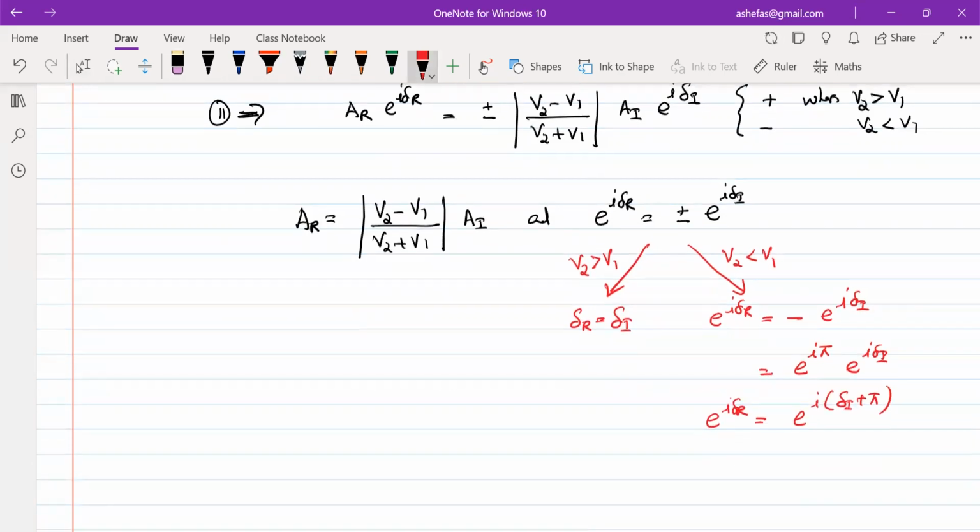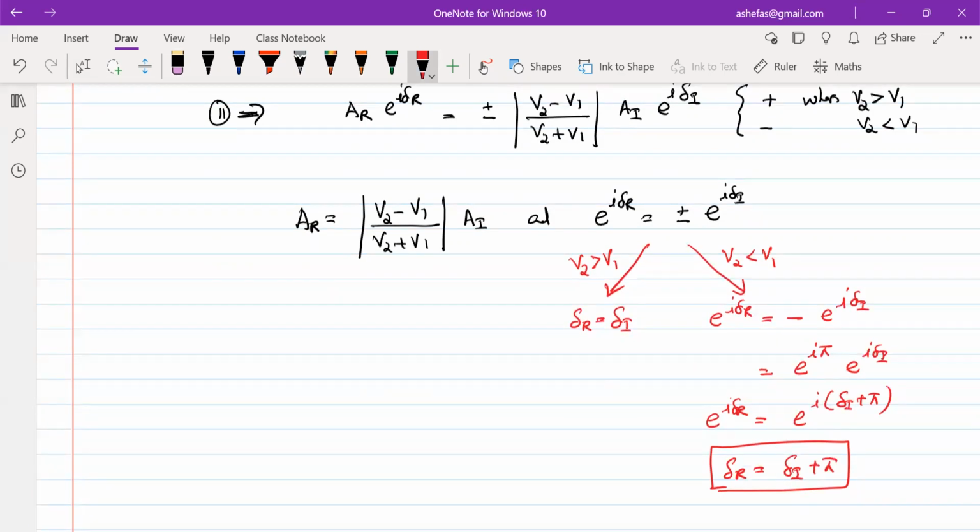So finally, what you get is delta r equal to delta i plus pi. So that means the reflected wave and the incident wave do not have the same phase. They have a phase difference of pi. Okay, so the reflected wave is out of phase with the incident wave if v2 is less than v1.